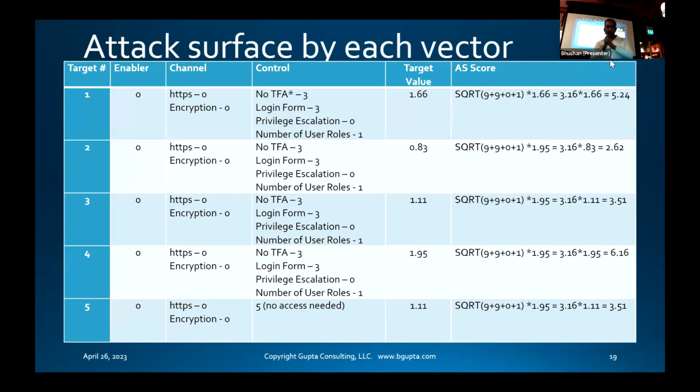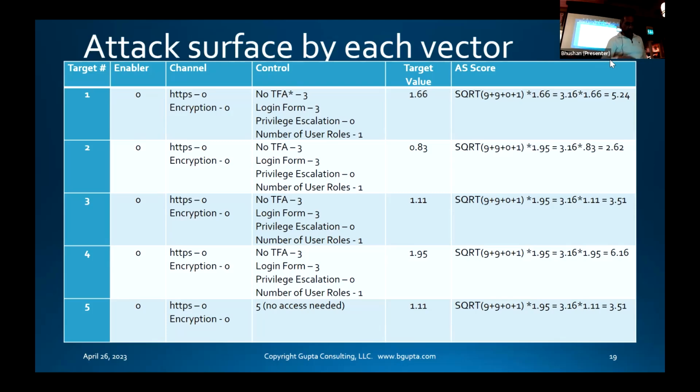I look at my first target. My first target says no two-factor authentication. So my control is on a scale of 1 to 5, and because I don't have two-factor authentication, my control is 4. If I have two-factor authentication, my control will be better. So I give a value of 3.